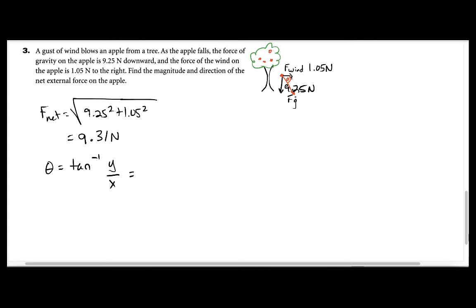The y portion is the force of gravity, so it would be the inverse tan of 9.25 over 1.05, which gives us 83.5 or 84 degrees below the horizontal. So our answer there would be that we have a net force of 9.31 newtons at an angle of 84 degrees below the horizontal.